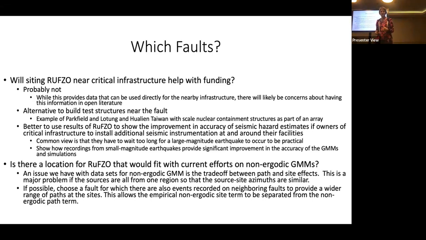The other thing that he mentioned was that it is also better to simply use the results of RuFZO to show the improvement in the accuracy of seismic hazard estimates, and use that as a way of convincing owners of such critical infrastructure to put in instruments near their sites.